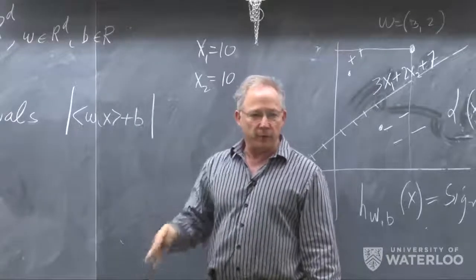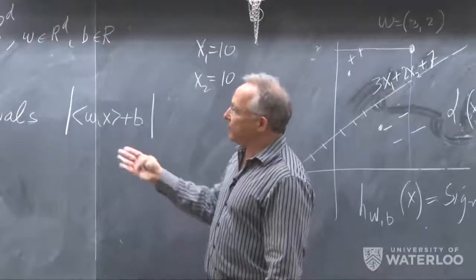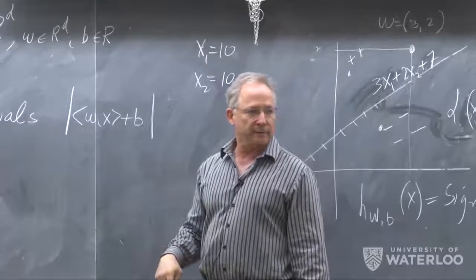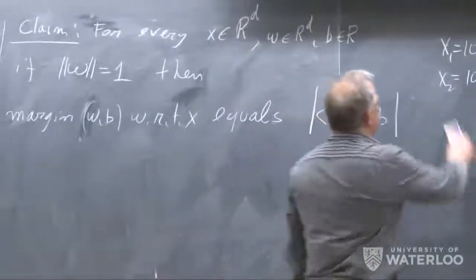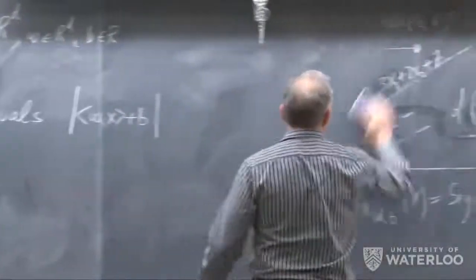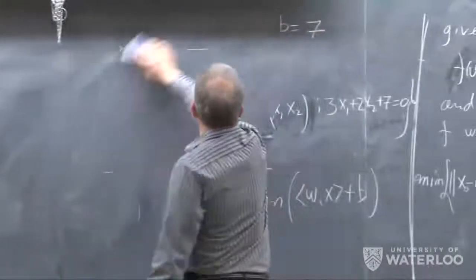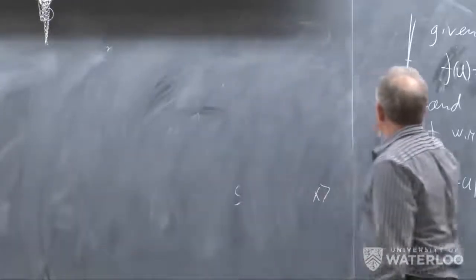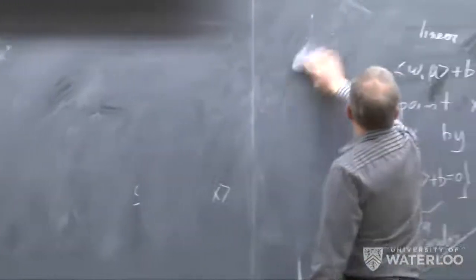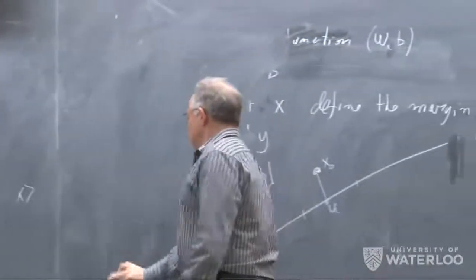If I evaluate the actual value, what I'll get is just the distance to the line. So this is now very simple algebra, and let me do this algebra quickly to check that this is indeed the case.